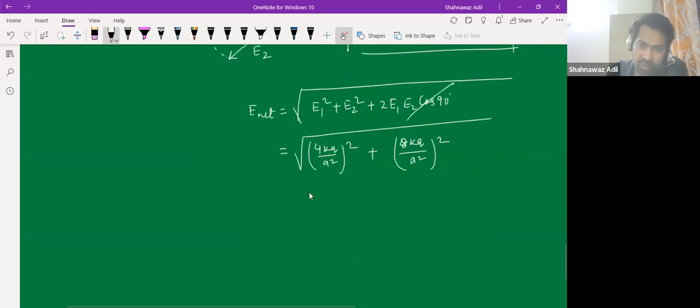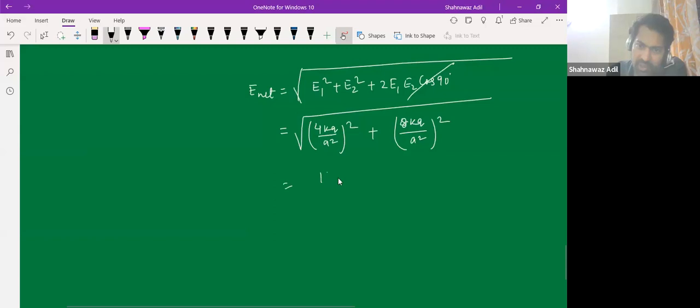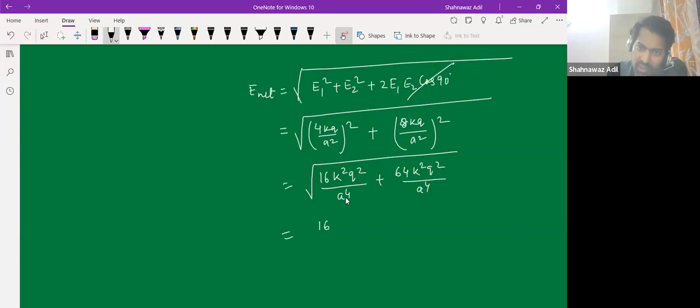This would be 16K square Q square by a to the 4 plus 64K square Q square by a to the 4. Again, we take 16K square Q square by a to the 4 common.